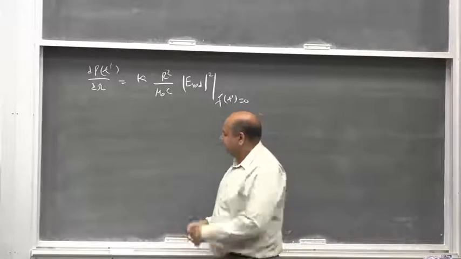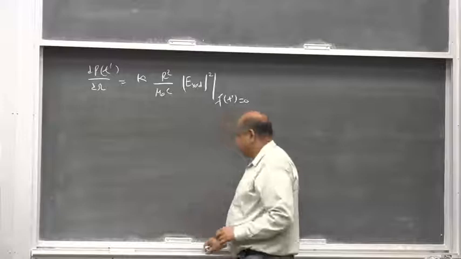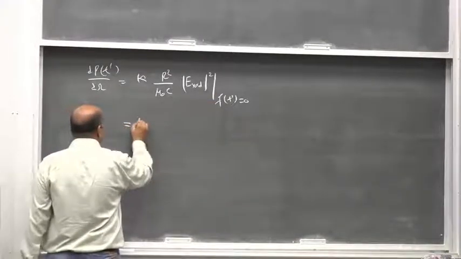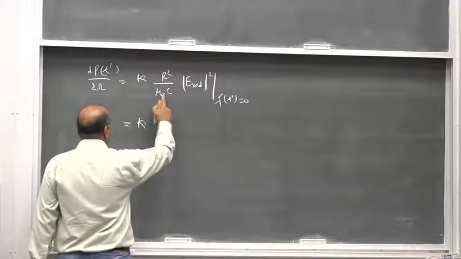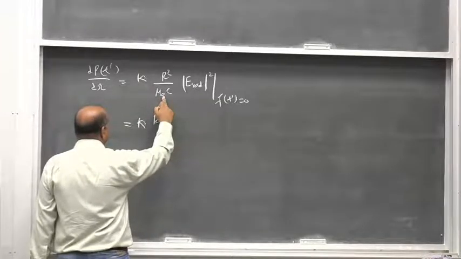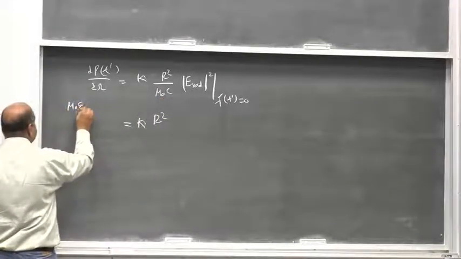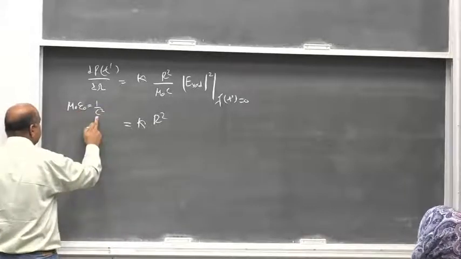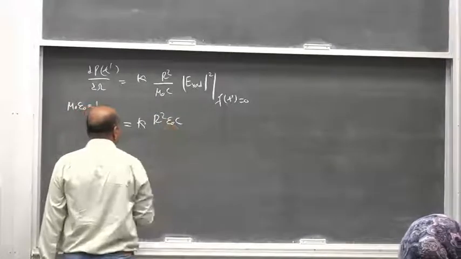So let's now find out exactly what this function is. Kappa cubed r square, we can write it as, because mu naught epsilon naught is 1 over c square, so mu naught is 1 over epsilon naught c.